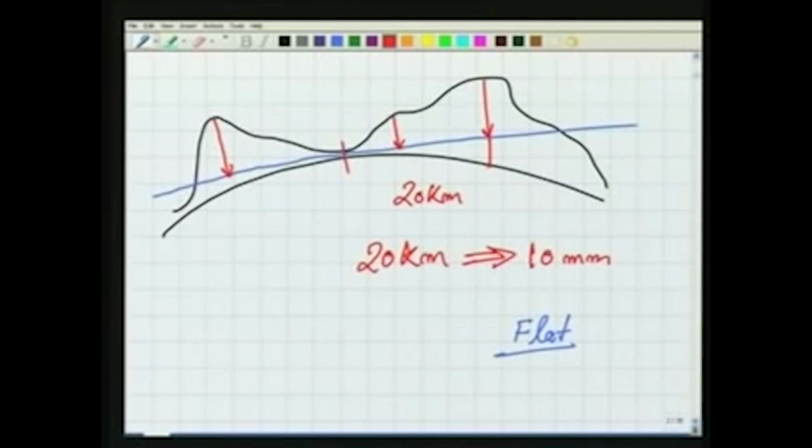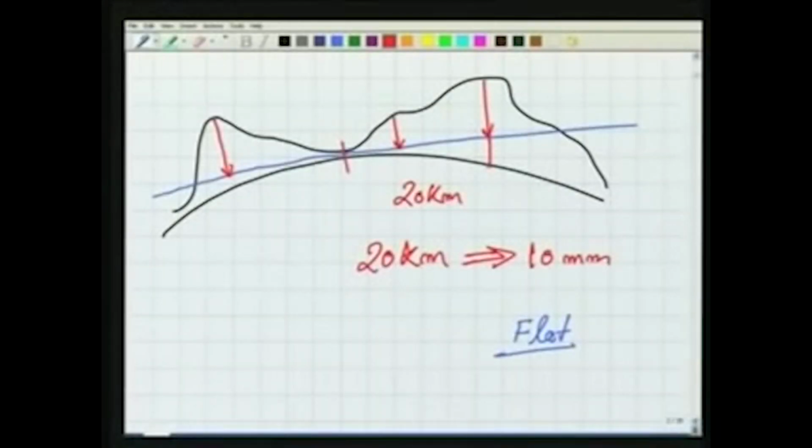So what does it mean? The meaning is, for our small areas, for example, let us say the engineering surveying areas, any engineering project, a dam site, a building site, a town planning, a town which is spread in an area of 5 kilometer by 5 kilometer, that kind of stuff. You want to make a map for a university campus, another small area.